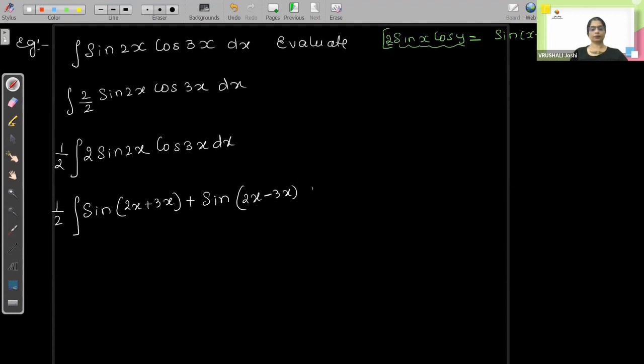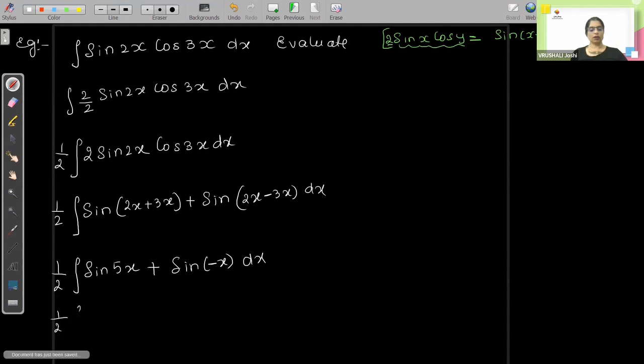Correct? That means you're going to write this as half integration of sin 5x plus, देखो, this is going to give you what? Sine of minus x. Sine of minus x is minus sin x, correct?